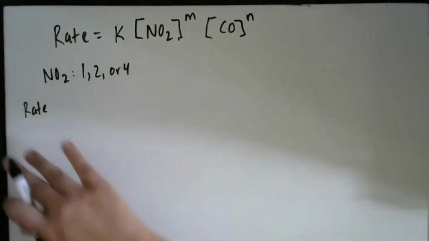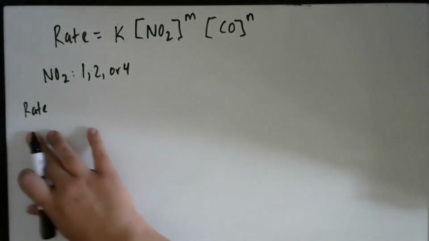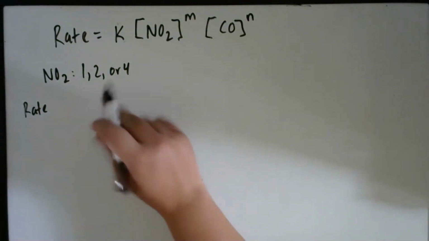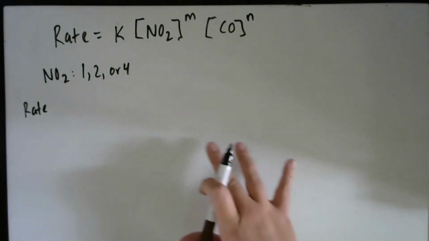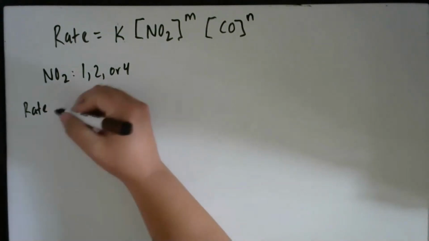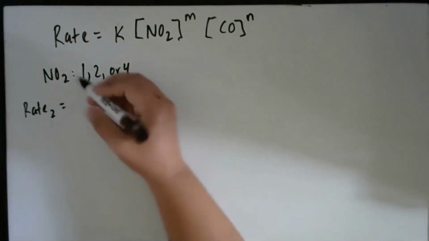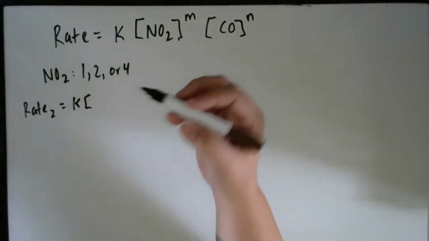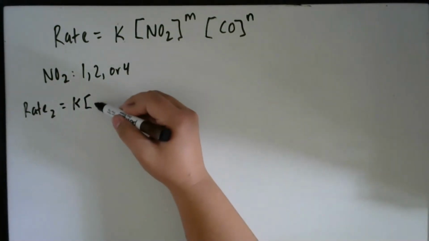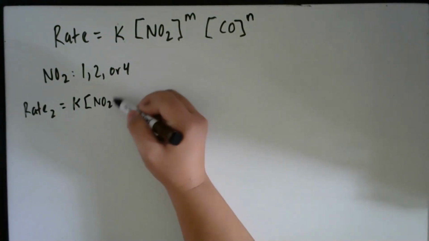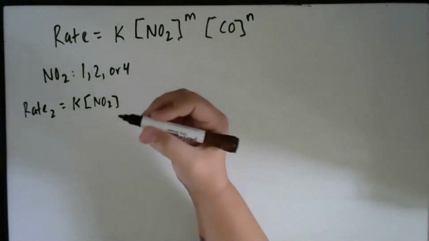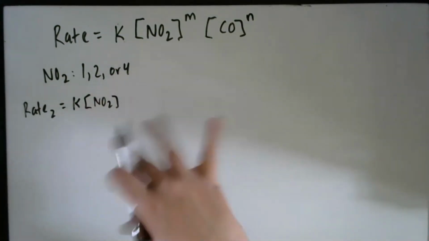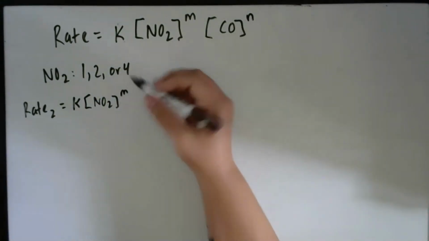We're going to take the entire rate expression for reaction 2 and divide it by the entire rate expression for reaction 1. So rate 2 is going to be equal to k times the concentration of NO2. I'm going to write it out like this first so you can see it a little bit.